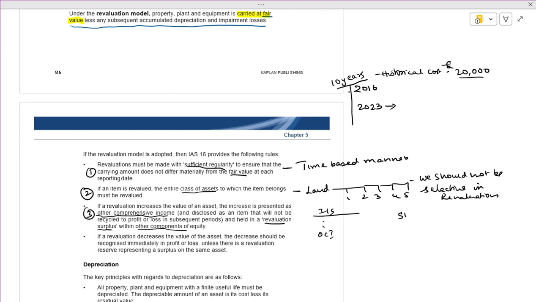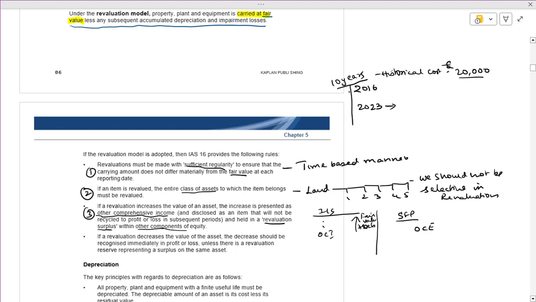In the statement of financial position, it is shown in other components of equity. This applies when the fair value is increasing.